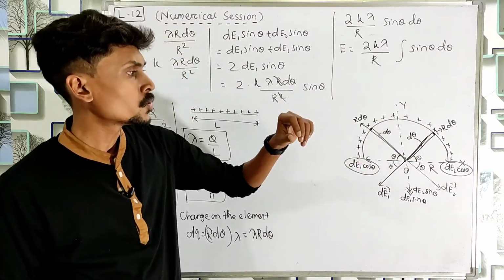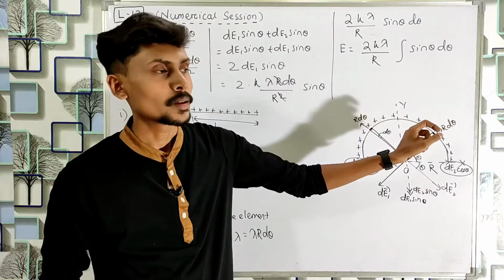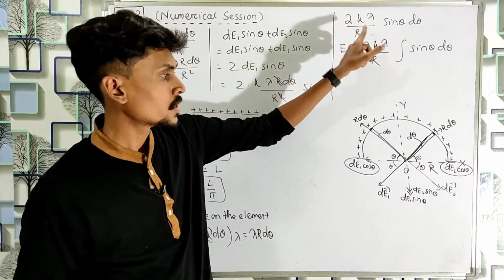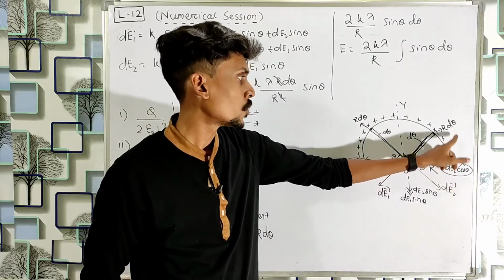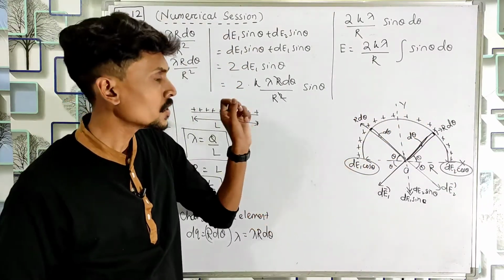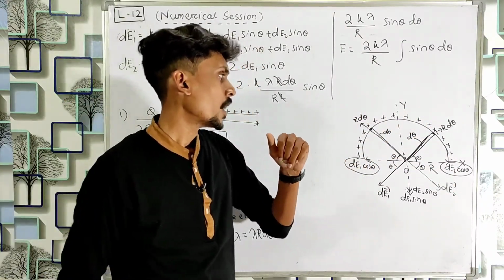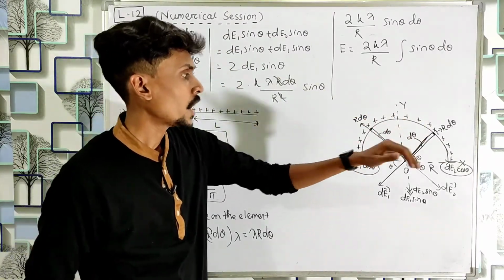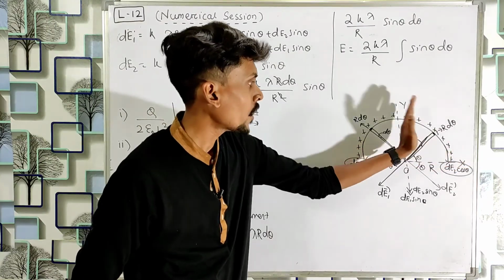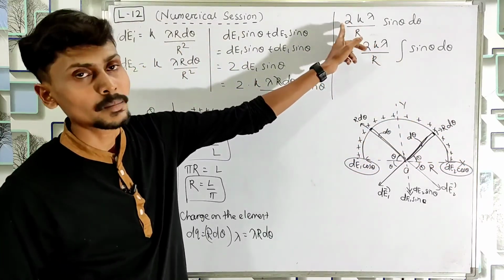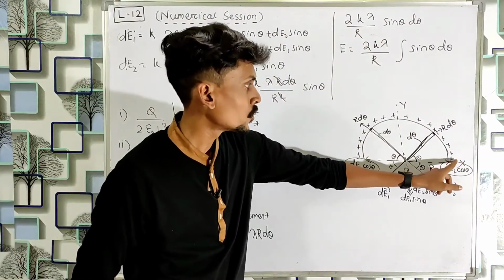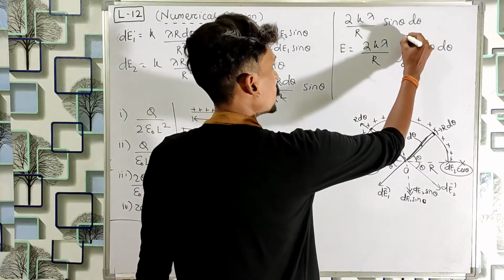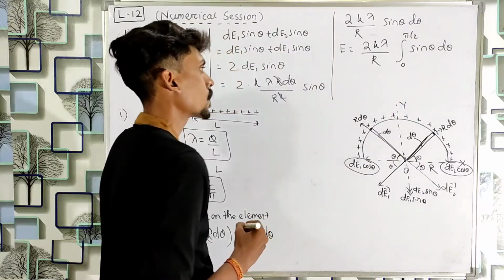If I choose only one element, then this factor of 2 will be absent, and in that case the limit will be from 0 to pi. But since right now I have chosen two elements from both halves, I'll only put the limit from one half, because the 2 is already multiplied. The limit will be from 0 to pi by 2. Is that clear?